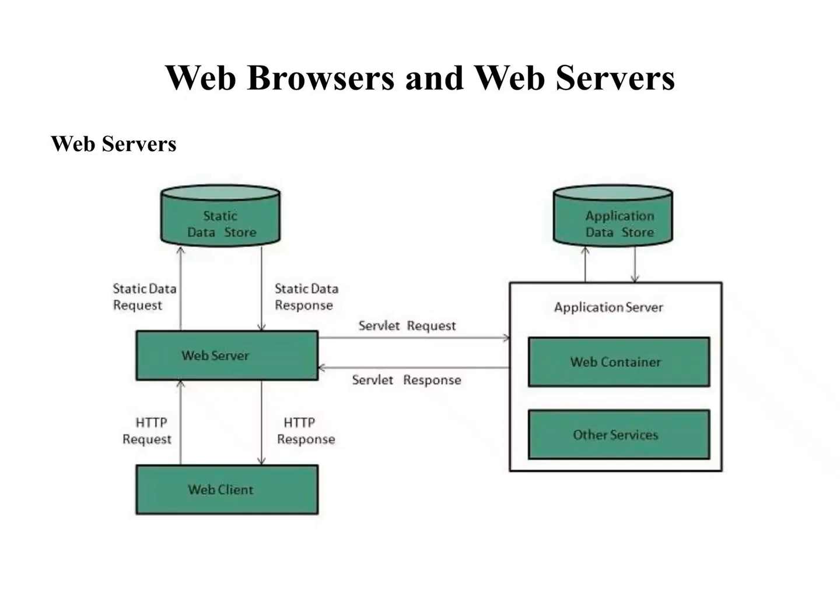Next, the web client forwards the HTTP request to the web server. Then the web server sends a static data request to the static data store. Again, the static request is responded to by the static data store and sent to the web server.